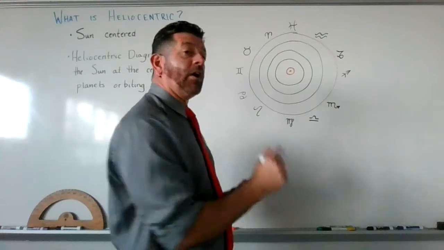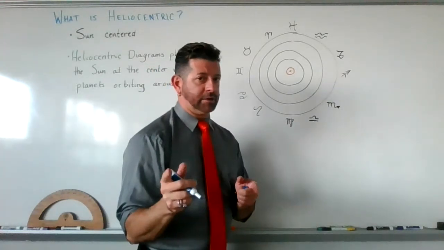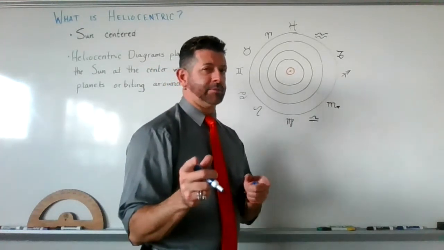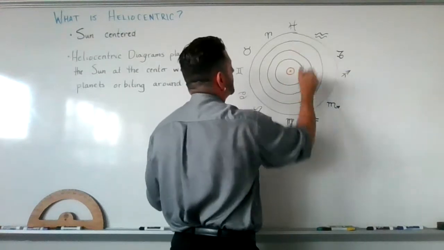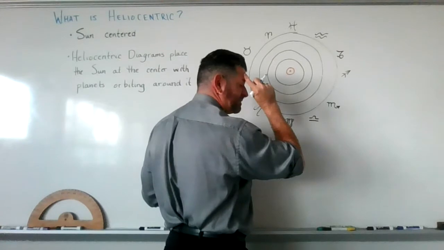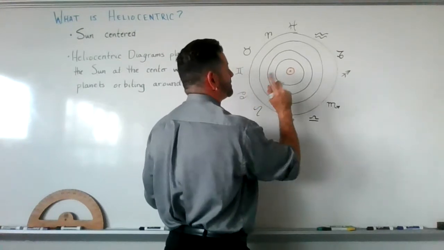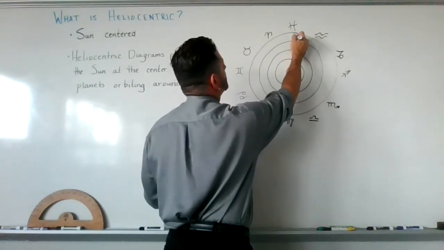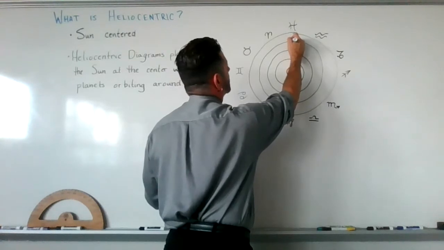So at fall equinox, where we are today, by the way, happy equinox, if we're going to put it on the right spot in the diagram and start to visualize where we are in the solar system, then we're going to put the Earth right here.